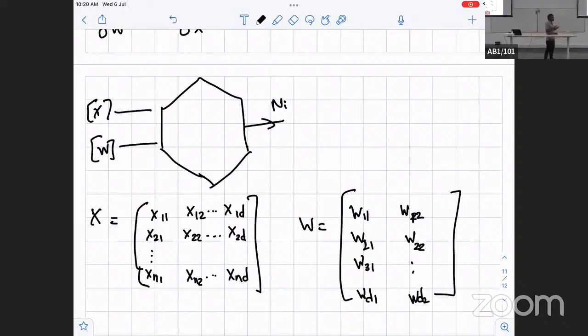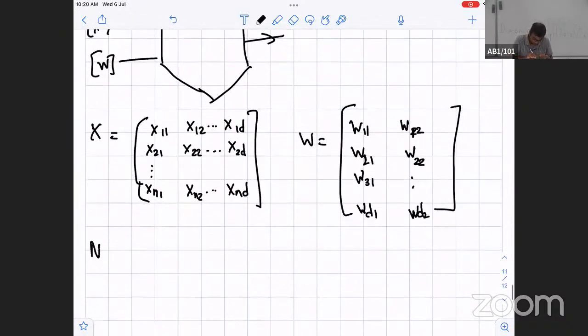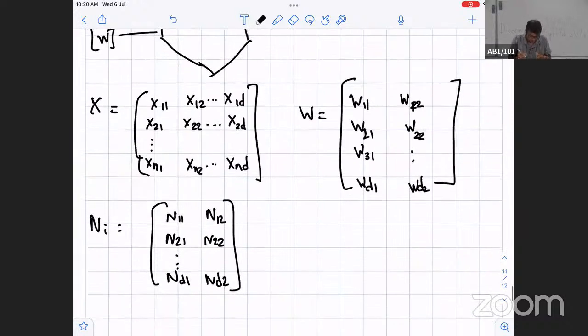Okay, so in the linear regression there was only one vector. I have just added one more vector, for a reason you will soon see. The output Ni will be N11, N12, N21, N22, Nd1, and Nd2. Okay, so I need to compute dL by dW and dL by dX.